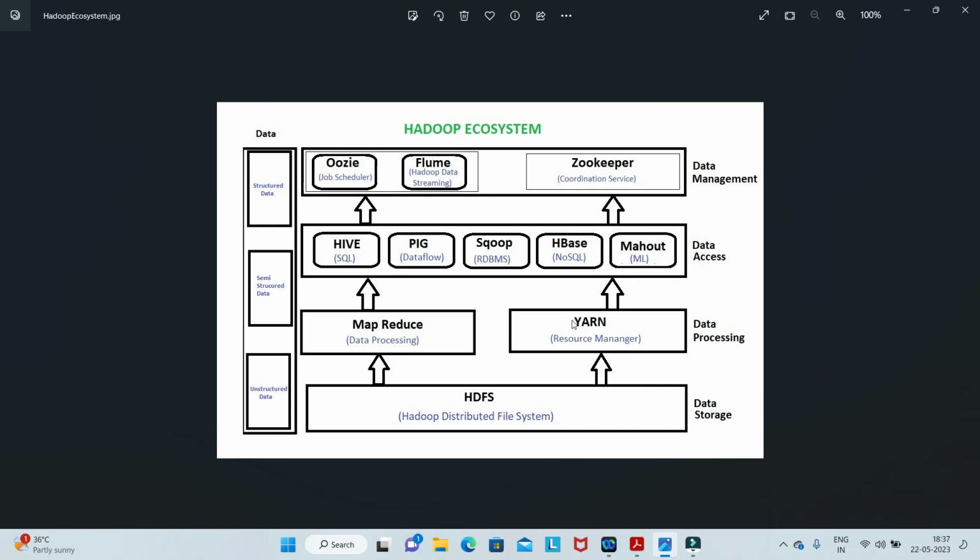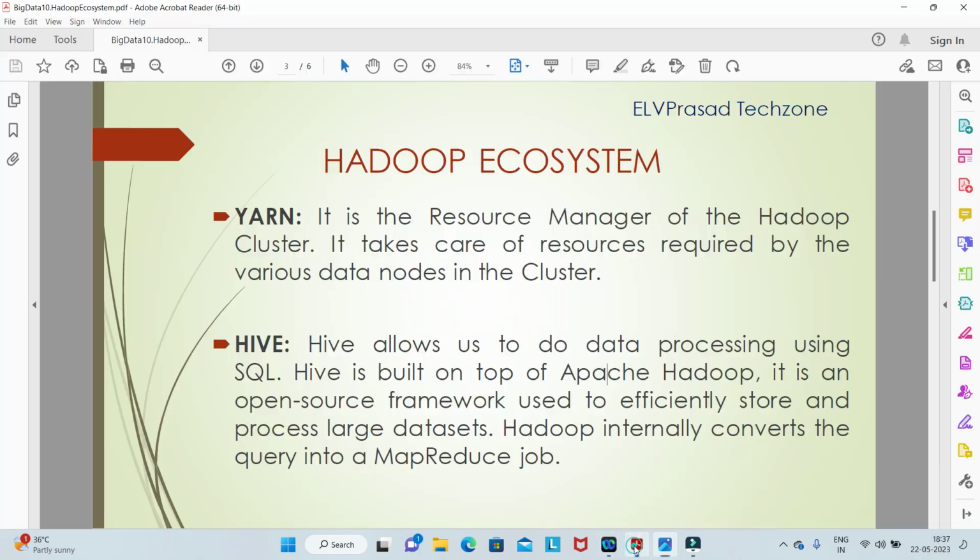And here Hive, Pig, Scoop, HBase, Mahout. Hive is a data processing mechanism where we are dealing with SQL kind of queries.